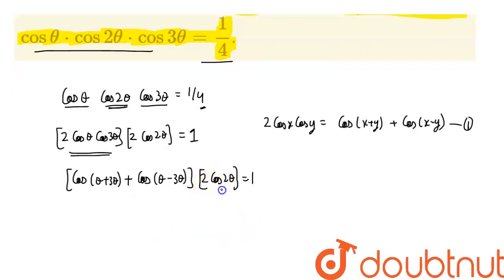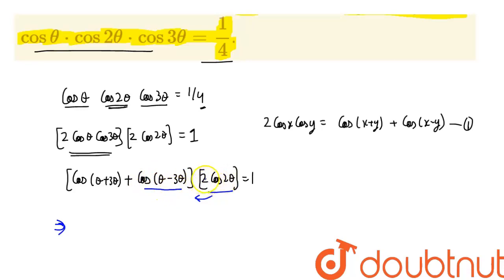Now we have 2 cos 2 theta in multiplication with this term, so we are going to multiply 2 cos 2 theta inside this bracket. If we do that, we get 2 times cos of theta minus 3 theta, which is cos of minus 2 theta, and we know that cos of minus 5 is equal to cos 5. So instead of cos of theta minus 3 theta, we write cos 2 theta.